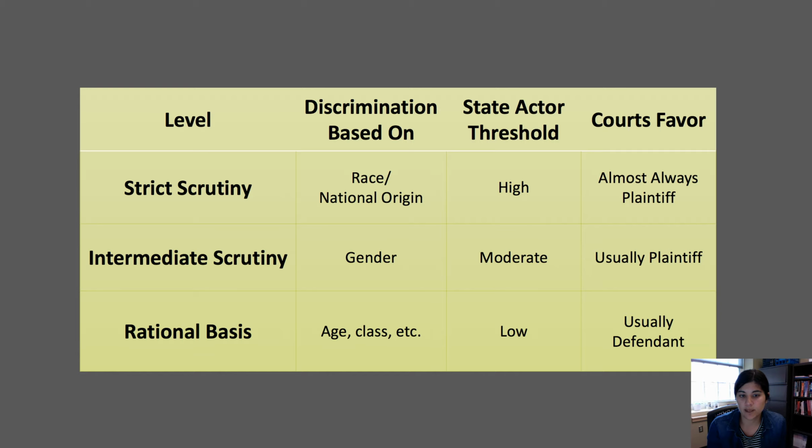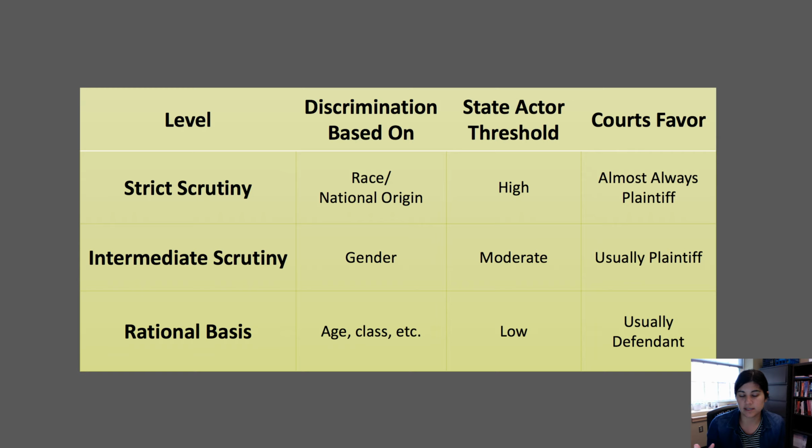So you can see here we have 3 established levels of scrutiny that a court can apply in an equal protection case. And these levels have been established over time through several court cases, and they are pretty broadly applied across both state and federal court systems. Our highest level of scrutiny that a court can apply is strict scrutiny.